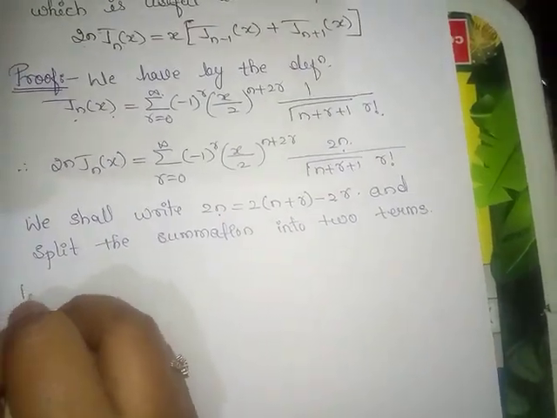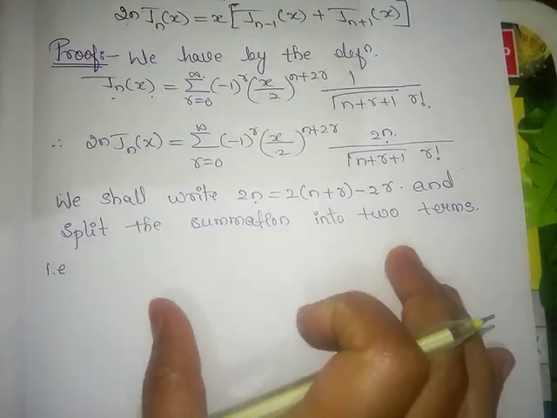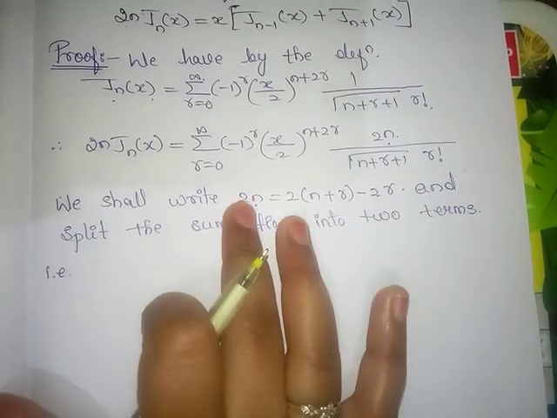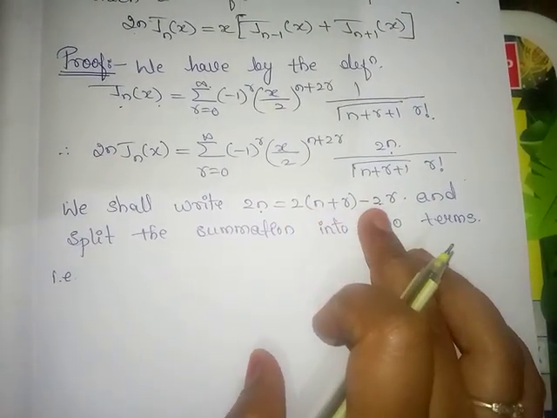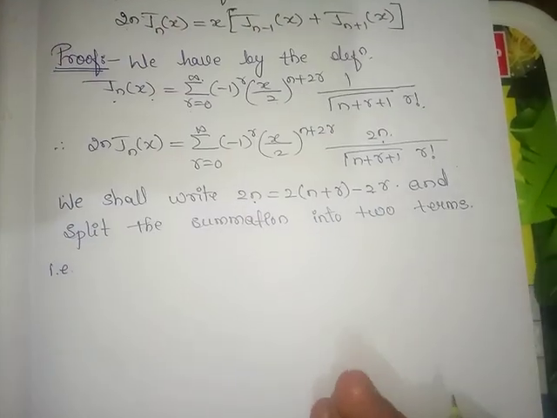I will not split directly. First I will write the expression after substituting 2n as 2 into n plus r minus 2r. After that I will split that expression into two terms.